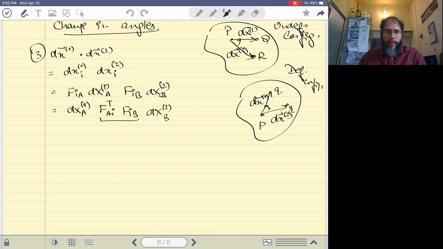So I rearrange the terms. I write F_iA as F transpose_Ai so that I can see the indices i next to each other, which helps me write the product. So this becomes dX_A^1 times C_AB, the Green's deformation tensor as we defined it, times dX_B^2.